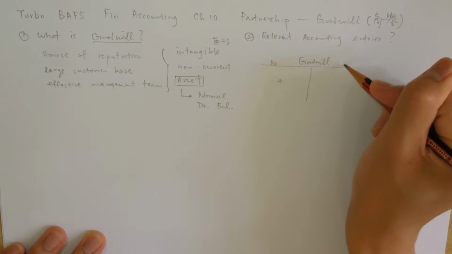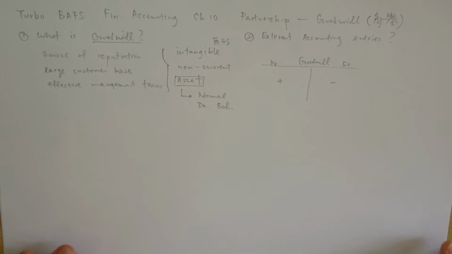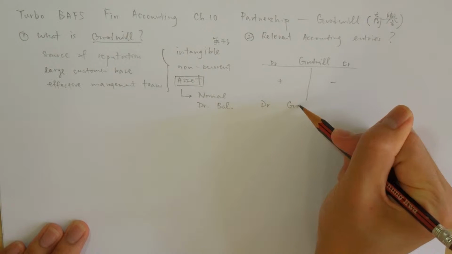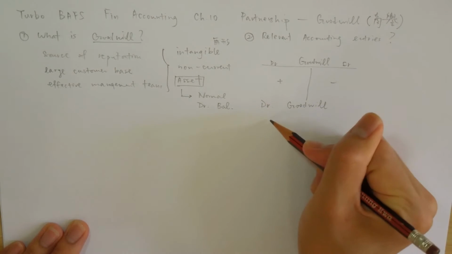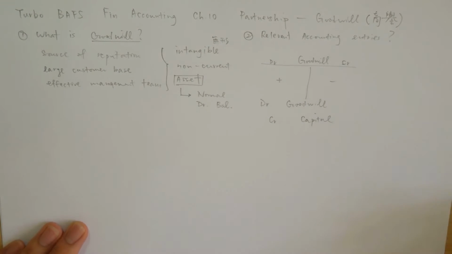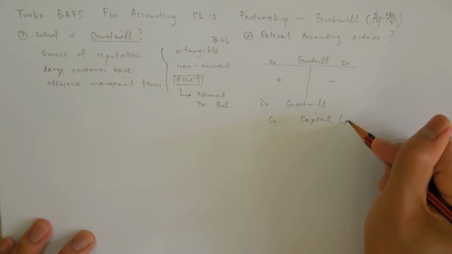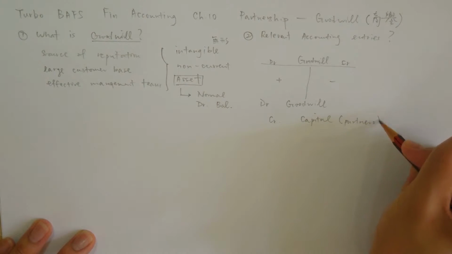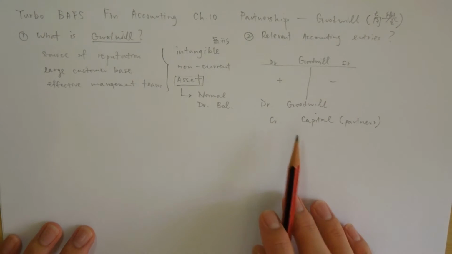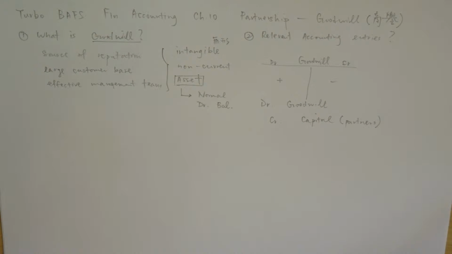The entry will be, we debit the goodwill and credit the capital. Of course, this capital comes from the partners, right? In some cases, the goodwill account will not exist and will not be maintained in the balance sheet.